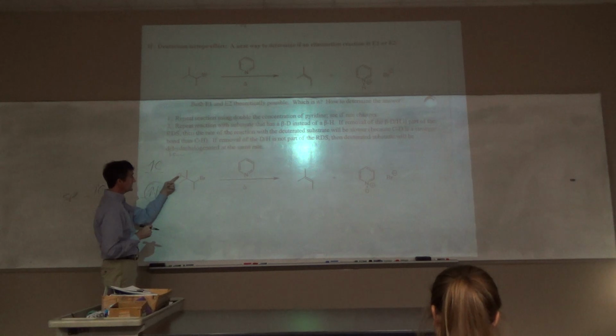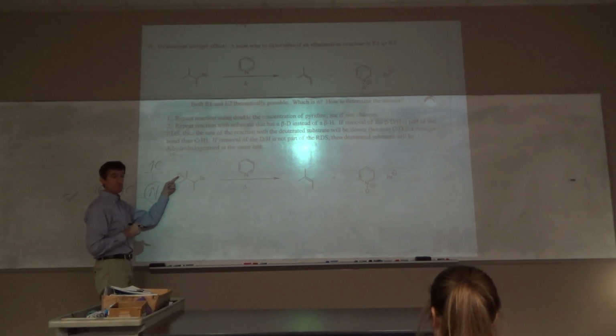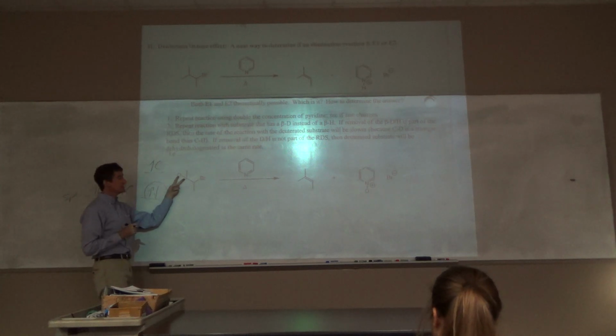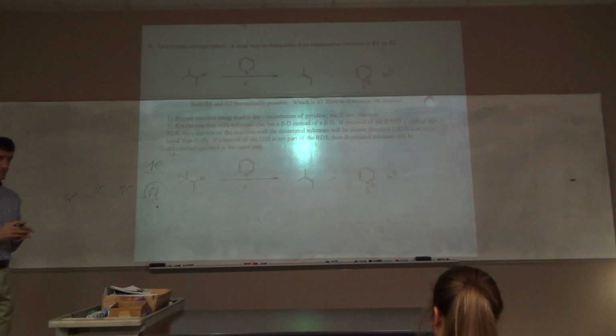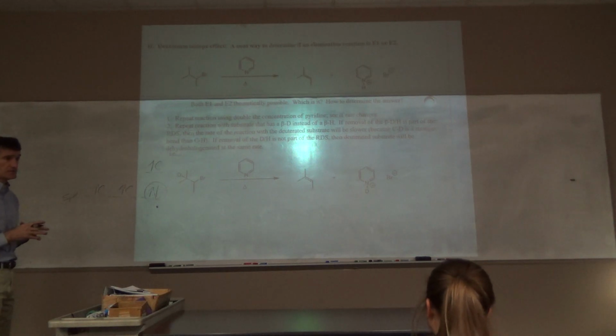Let's change the beta hydrogen to a deuterium, an isotope of hydrogen. Now, what I have to tell you is a carbon deuterium bond is stronger than a carbon hydrogen bond. Slightly stronger.